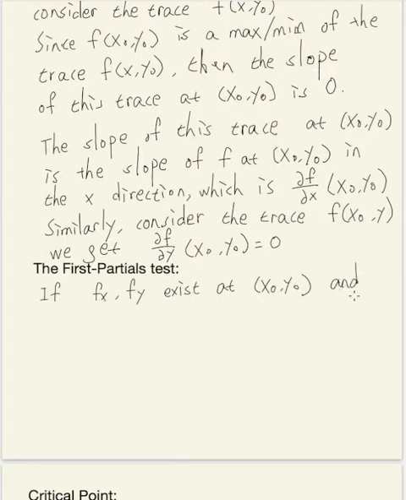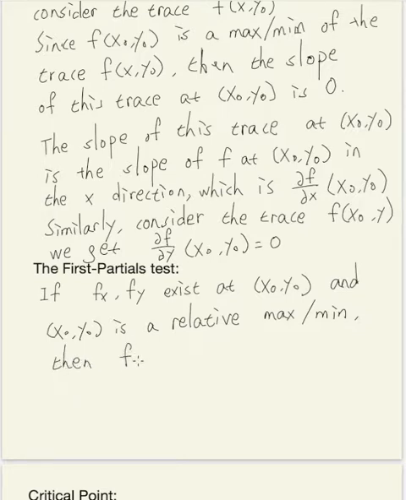If they exist at x naught, y naught, and x naught, y naught is a relative maximum or minimum, or you can write relative extremum, then f partial x evaluated at x naught, y naught equals 0, and f partial y evaluated at the same point x naught, y naught equals 0.